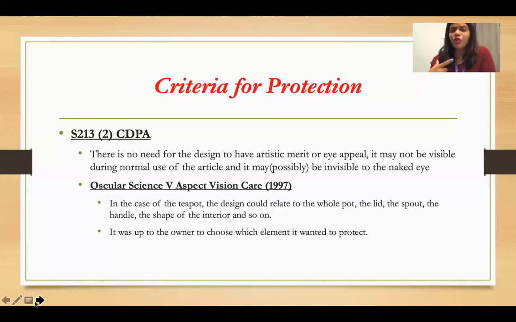Some designs can be at the very corner of a particular article, the article that you're trying to rely on. The design is at the very corner, so you cannot see it. Sometimes it's possibly invisible, you cannot even see that the design is there. Even though you cannot see it or you can see it, it doesn't really matter.